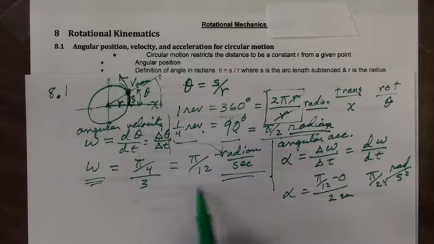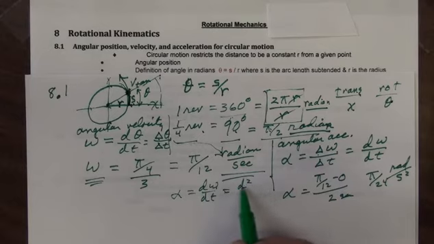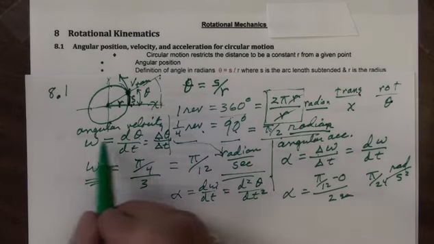You can see also from this with calculus that while alpha is equal to d omega dt, omega is equal to d theta dt, so this is the second derivative of theta with respect to time, or the second change. So what are the critical things here?